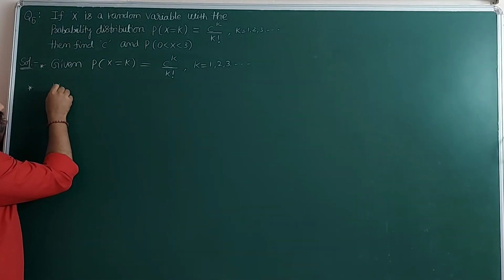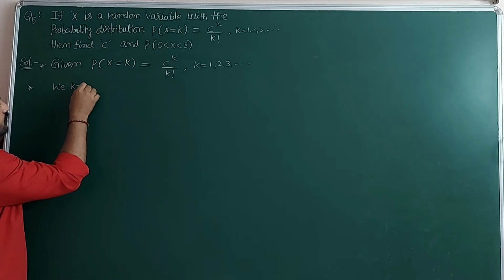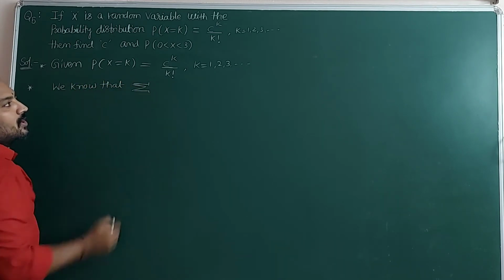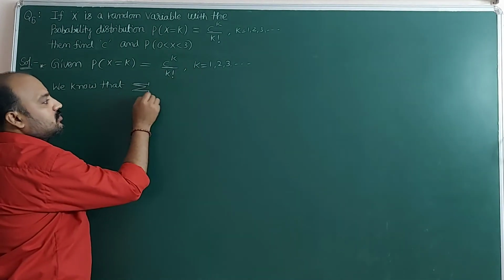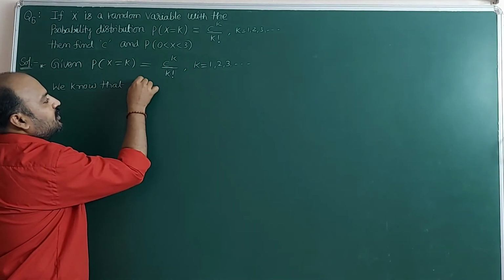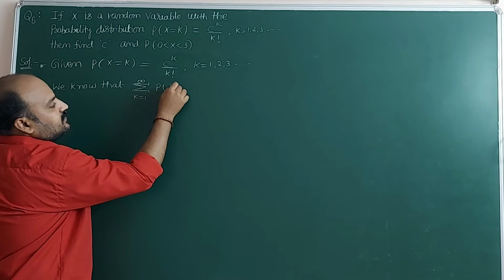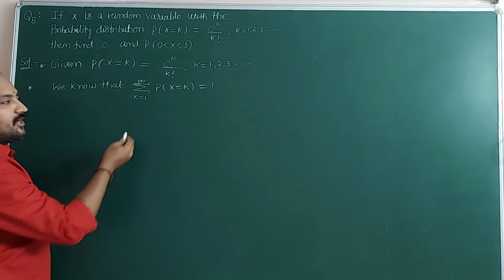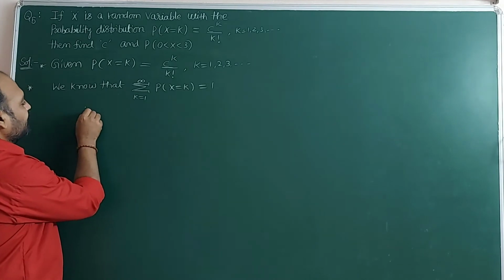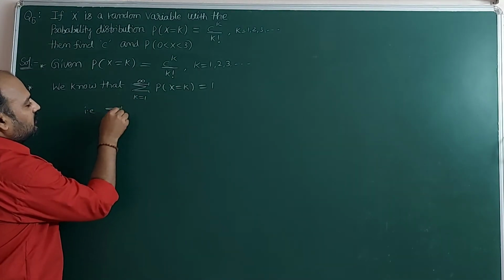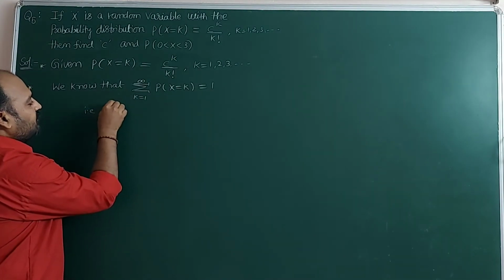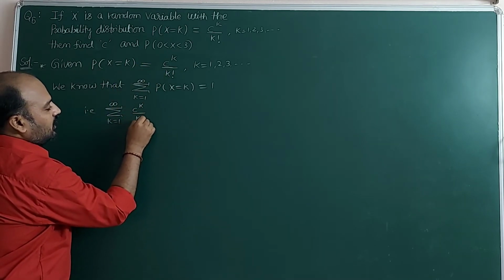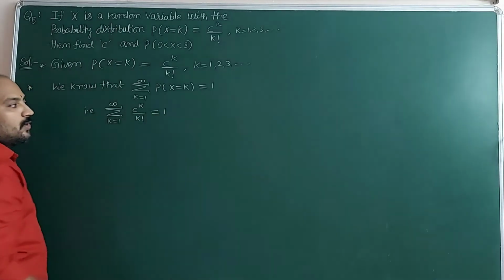So we know that sigma k is equal to 1 to infinity P of x is equal to k is equal to 1. So that is sigma k is equal to 1 to infinity c power k by k factorial is equal to 1.